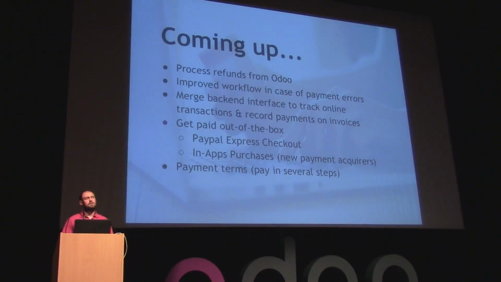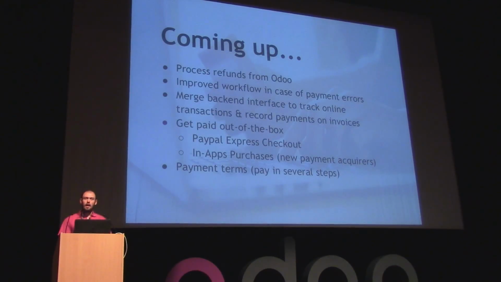This will enable the salesman to record the credit card data of the customer straight from the backend. Now they can do it by just opening the link they send to the customer, but it's not obvious. You have to train them to do that.